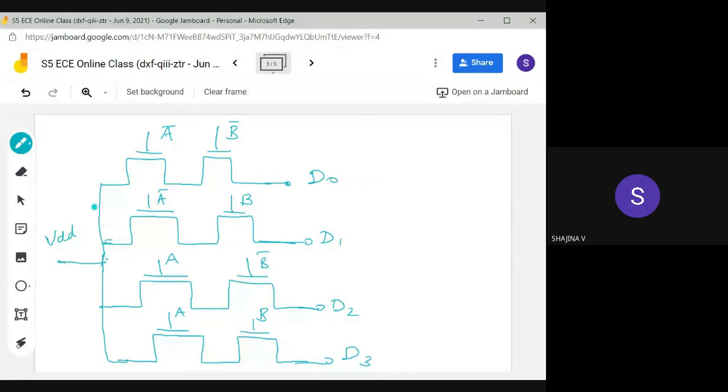So 1 input and 4 outputs are there. So for each combination, only one of the path will act as an on switch, okay, or closed switch, and you will obtain the output corresponding to the path only. Other output will be 0. ഓക്കെ, ഇപ്പോൾ ഡീകോഡർ ആണെങ്കിൽ ഇതുപോലെ ചെറിയൊരു ചേഞ്ച് ഉണ്ടാവും, അതൊന്ന് ഓർക്കണം.